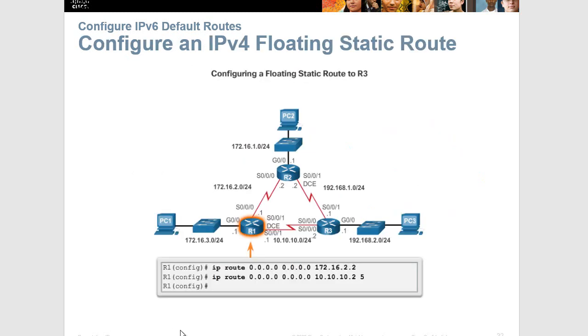Basically, if you remember from chapter 1, a normal static route has an administrative distance of 1. 1 is very low, it's the most trustworthy administrative distance other than a directly connected route, which is 0.